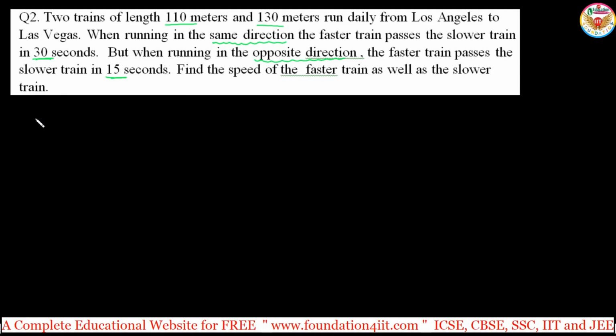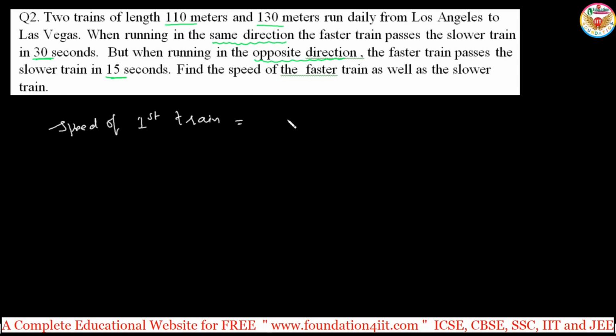If you want to find the speed of the first train, which is ultimately the faster train that crosses, then for the same direction we do subtraction and for the opposite direction addition.